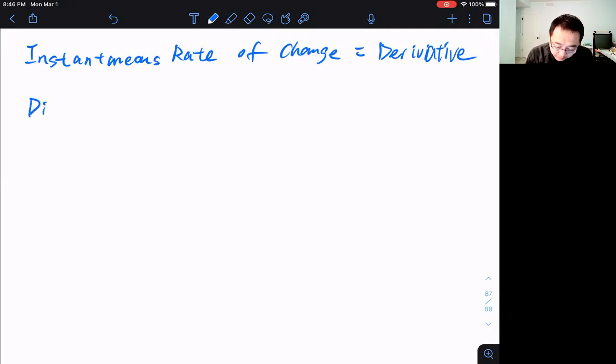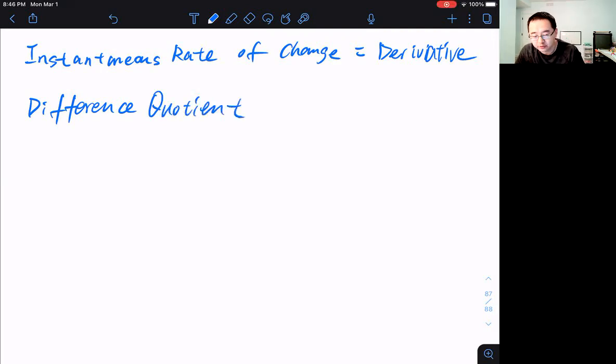Your book also talks about something called the difference quotient. Okay, and the difference quotient is something that we will use, as you can see in a second, to calculate the derivative.